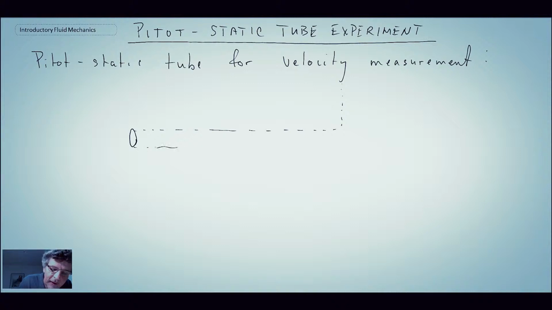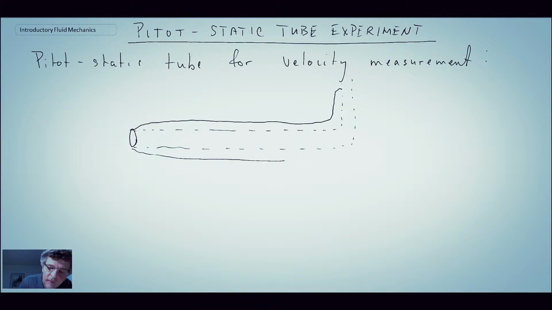So we have an inner tube, and then we have an outer tube wrapped around that. And in this outer tube, there would be another tap. So that measures P static, and this one here measures P total, or P naught.